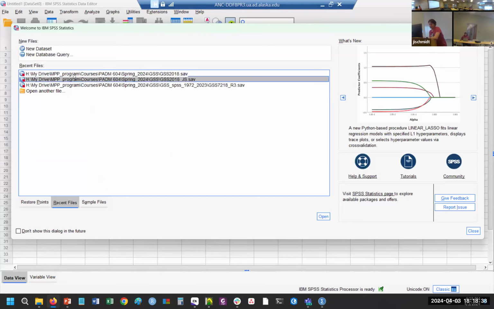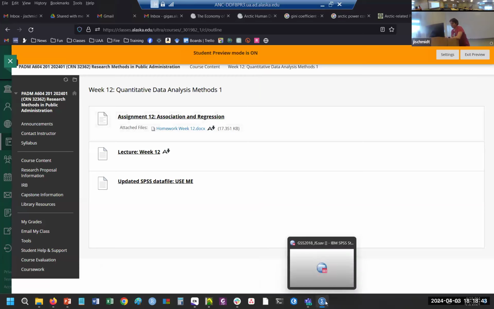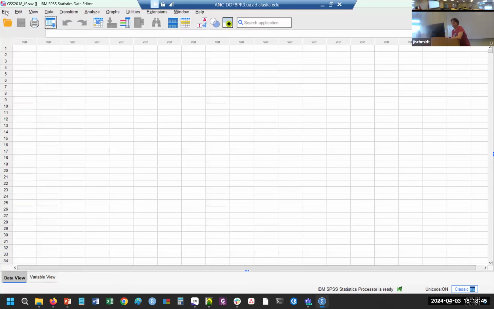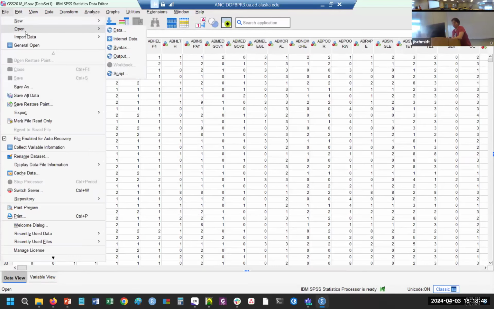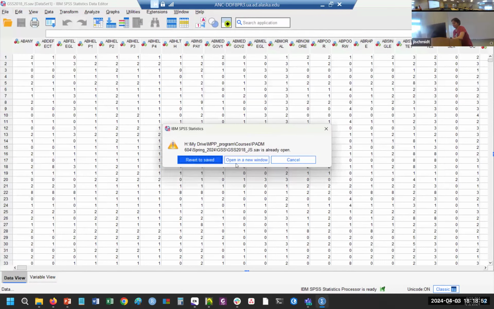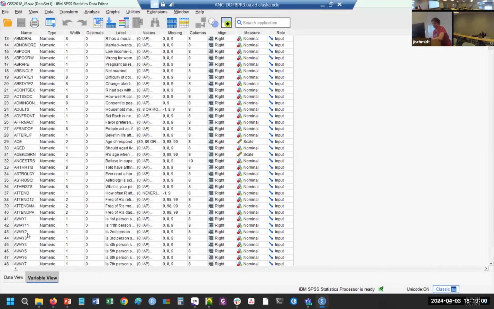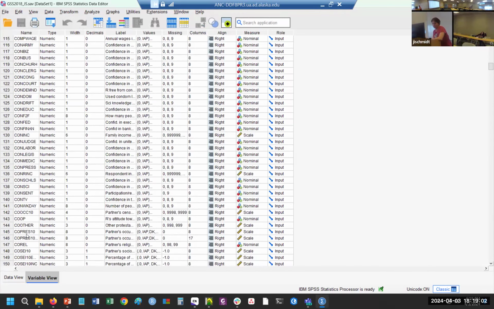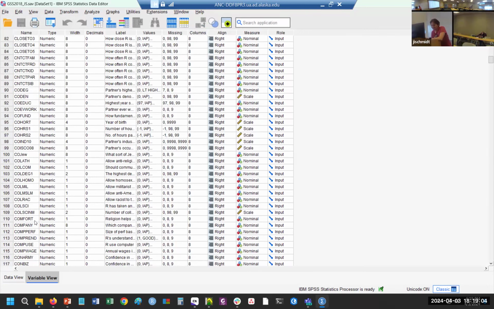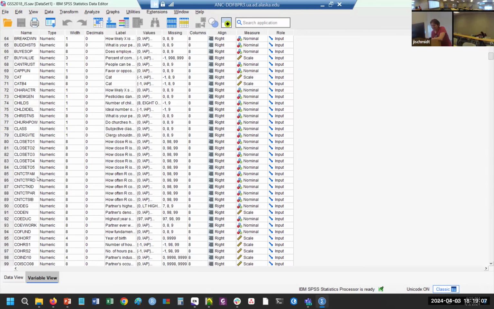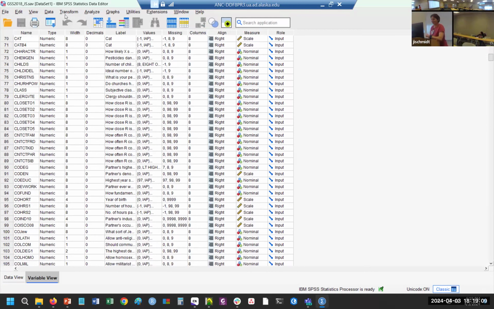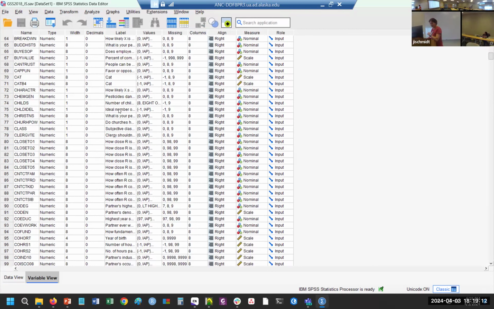You're not gonna see it here because I've already opened it, but you can go to open and then navigate to where your file is. Open data, however you want to get there, there's multiple ways. Okay, everyone have that?